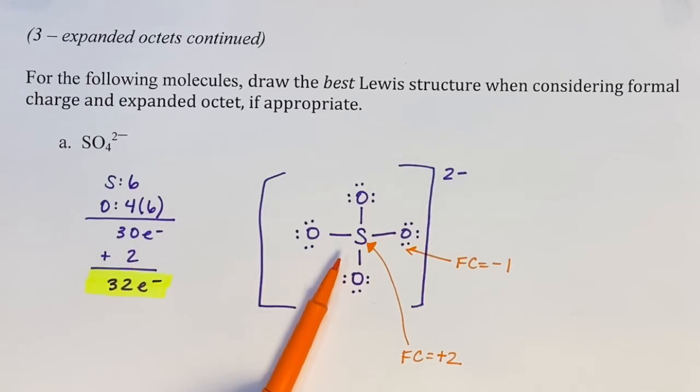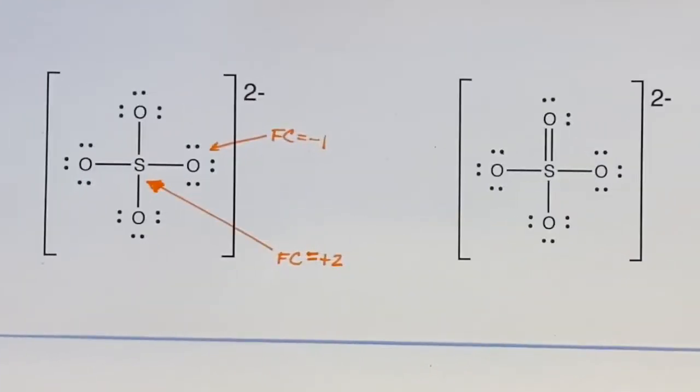And in this structure, because we have so much formal charge, and because our central atom has a positive formal charge, and our outer atoms have lots of lone pairs, we want to look to see if there's anything we can do to make this structure better. Let's use the following series of structures to help us get to the best Lewis structure for the sulfate ion.